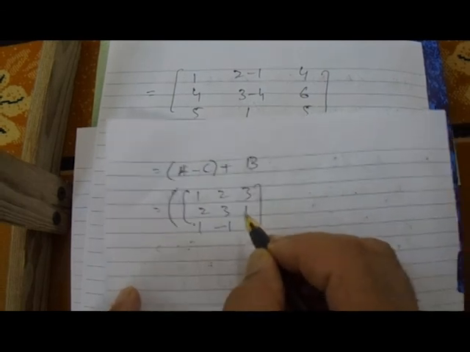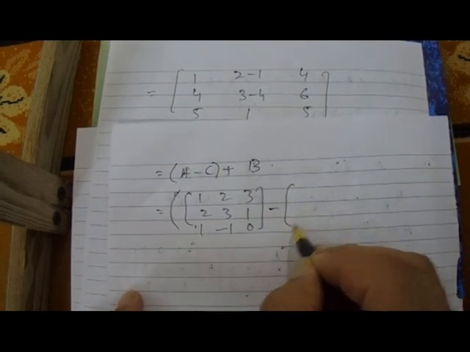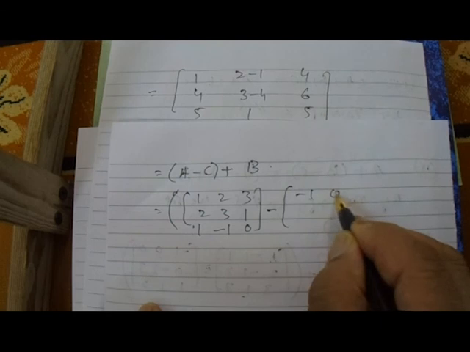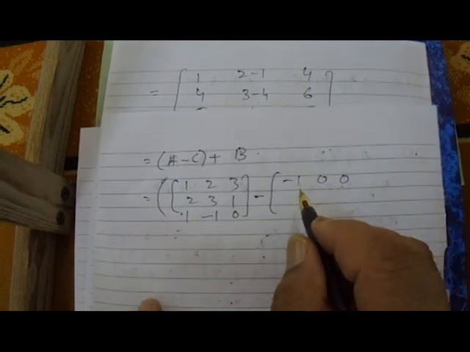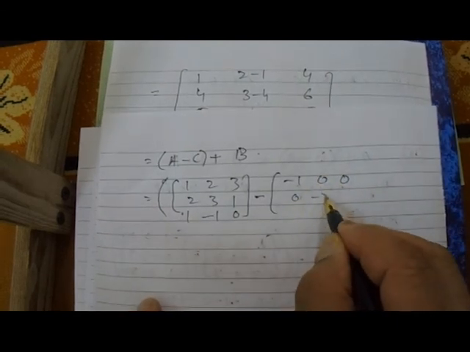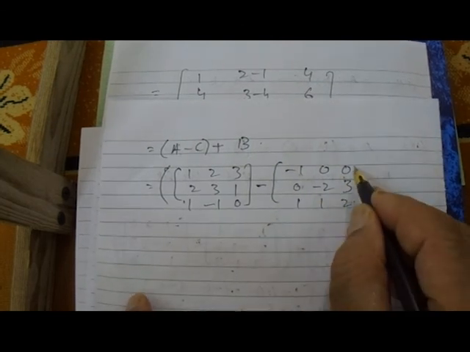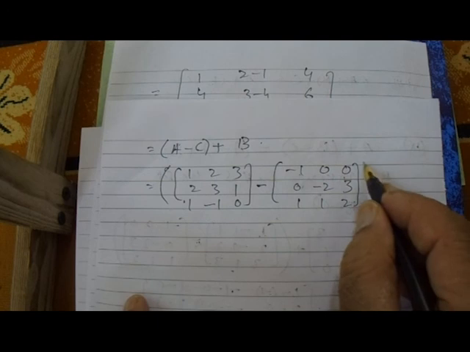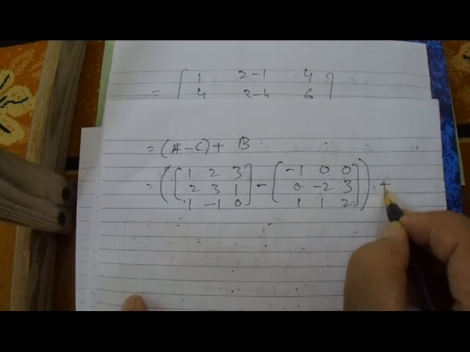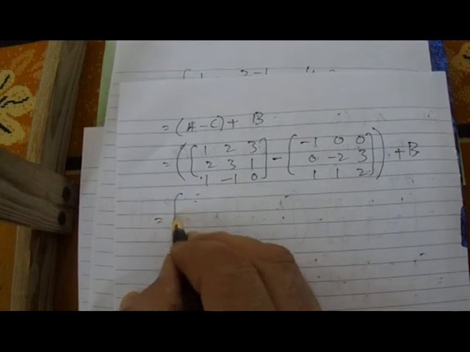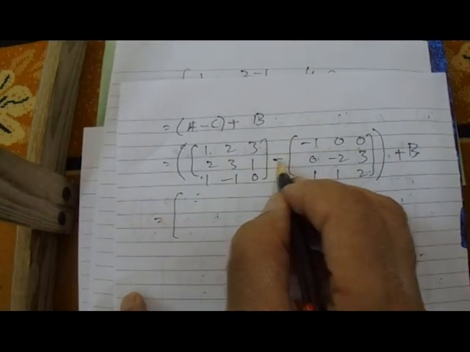This is our A minus C. We write here C matrix is minus 1 0 0 and 0 minus 2 3 and 1 1 2. Now this is our C matrix, round brackets and plus B. After we will plus this equal to this 1 minus 1.